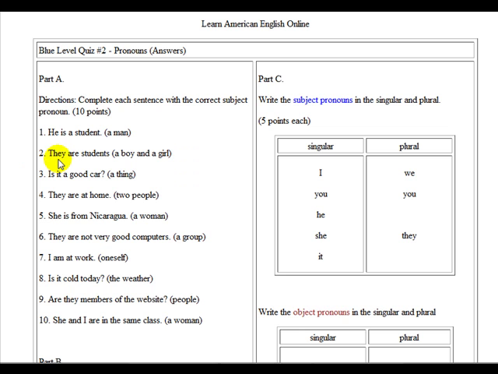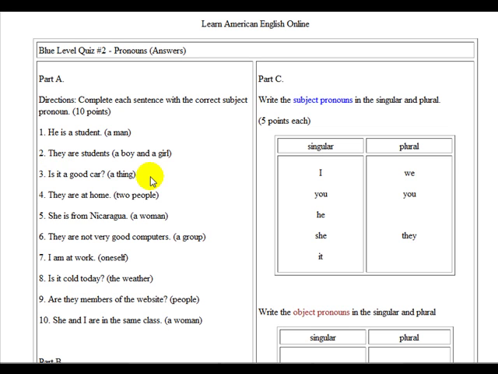In this one, we have they are students, and they're saying a boy and a girl. A boy and a girl, two people, are the plural form, and we use the plural verb for this, okay? And we use the plural pronoun, they.